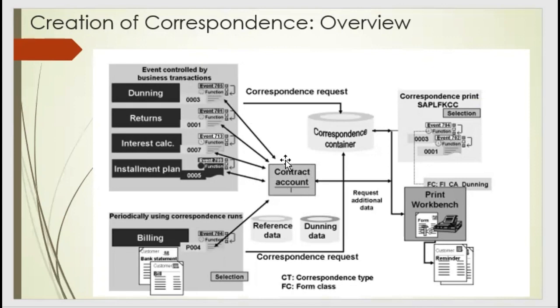So through the contract account, it will get the addresses and the details from the billing or invoicing amount, whatever is pending. From there, it will activate these processes because of non-payment or any other reason. And then we generate the letters and we put those letters into a centralized server or correspondence container.